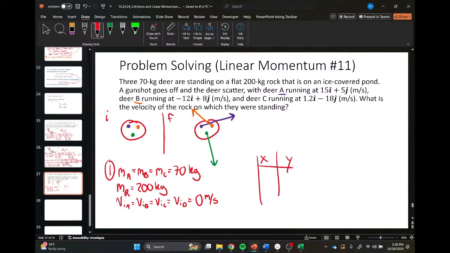So V final A, V final B, V final C. There is no D. So deer A, this is 15, and this is 5. This is negative 12, and this is 8, and this is 1.2, and this is negative 18. I could have written that as 6 variables, but this saved me a tiny bit of writing, so I opted for it.